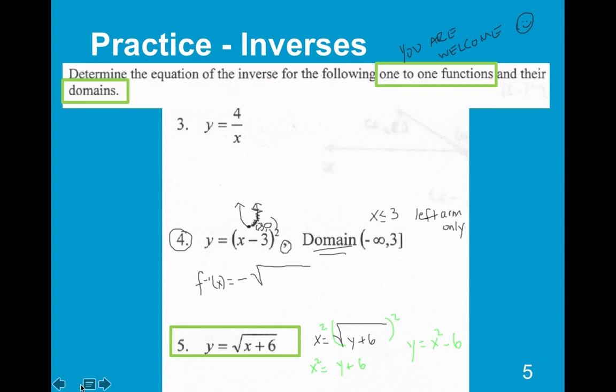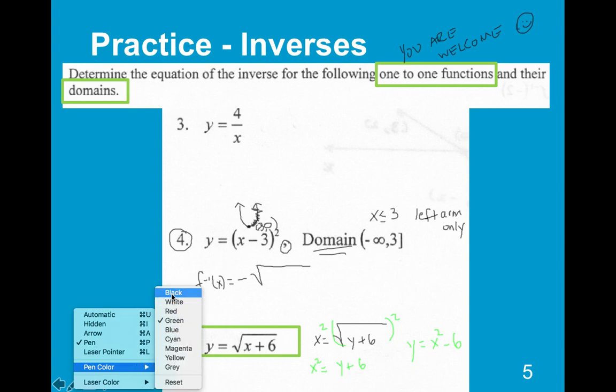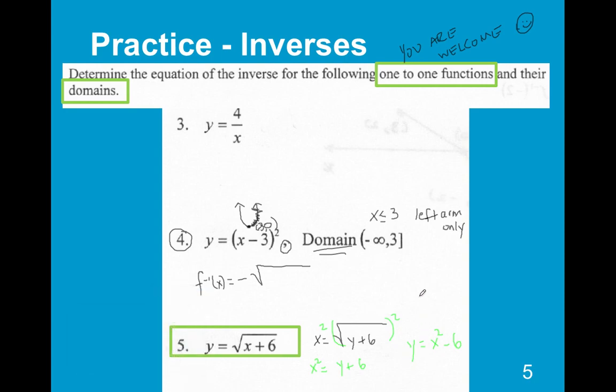Then they will dutifully change this. They're like, oh, that's right, I'm not going to lose a point. Ms. Getz told me that the original function was one-to-one, therefore I am guaranteed by the number 4 fun fact of inverses that the inverse will be a function. They circle this, woot, woot, woot. They're very happy with themselves. They turn it in and they get it back from me, and I have this on it.